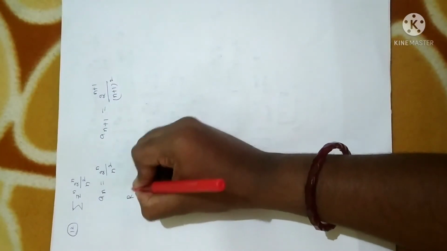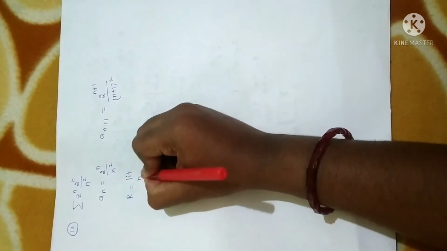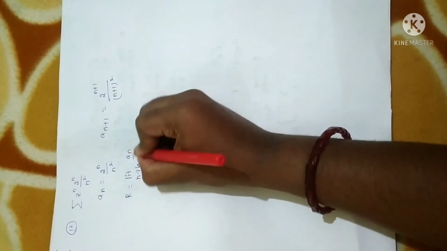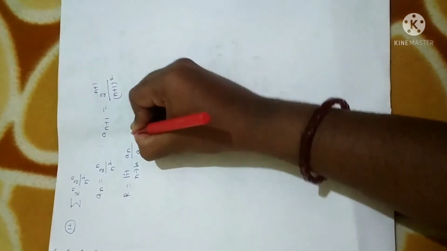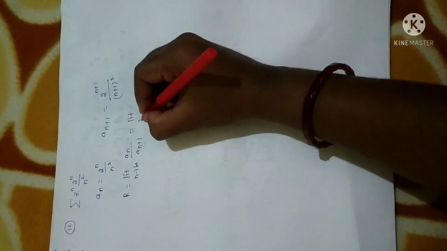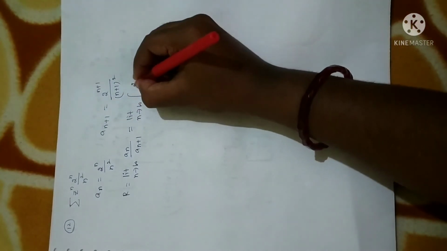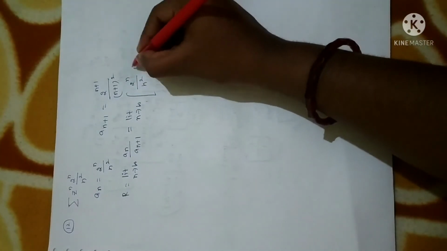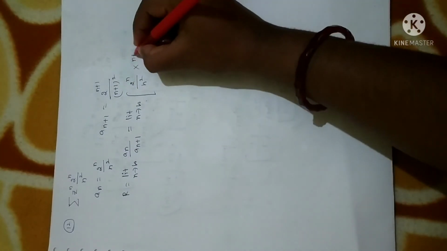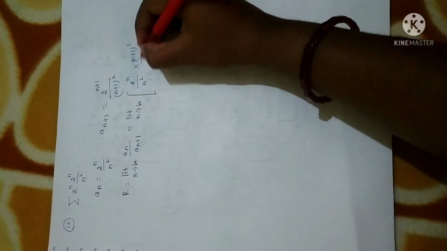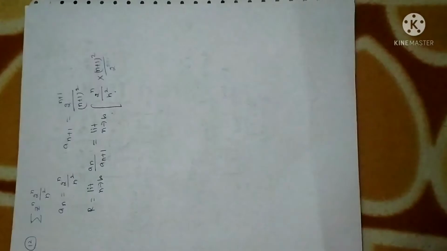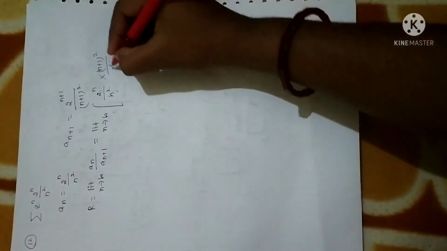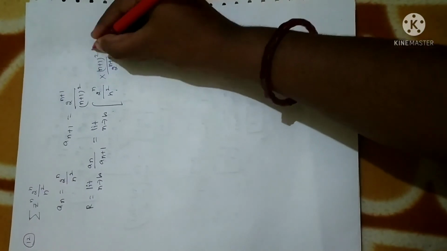Now let me write the formula. R is equal to limit n tending to infinity a_n divided by a_(n+1). Now let me substitute. Limit n tending to infinity 2 power of n divided by n square. When you divide it by a_(n+1), I can write this as the reciprocal. If you want, you can write one more step also: 2 power of (n+1).